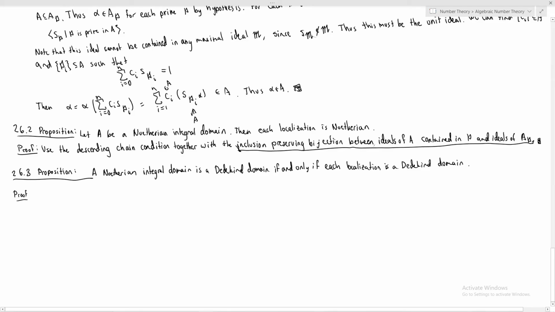Proof. First let's suppose A is a Dedekind domain. Now we need to show each localization is a Dedekind domain. Let P subset of A be prime.